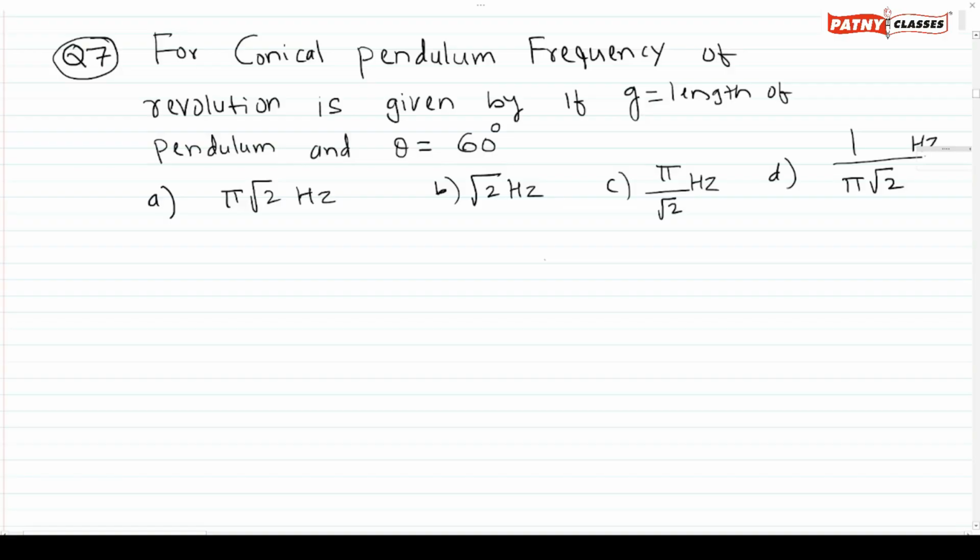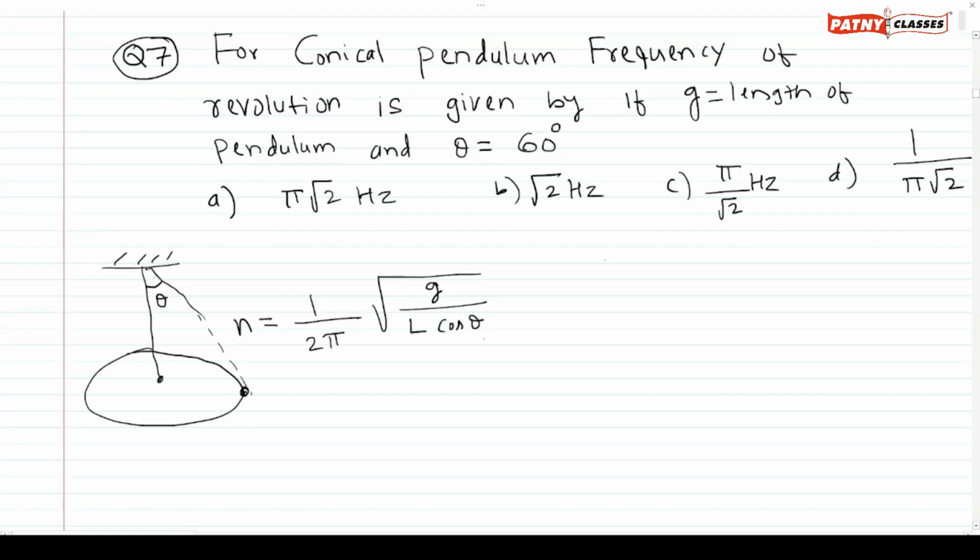Question number 7. For a conical pendulum, the frequency of revolution is given by, if gravitational acceleration equals length of pendulum and theta equals 60 degrees. Four options: pi root 2 hertz, option B root 2 hertz, option C pi upon root 2 hertz, and option D 1 upon pi root 2 hertz. For a conical pendulum, the frequency of revolution is given by n equals 1 upon 2 pi under root of g upon L cos theta.